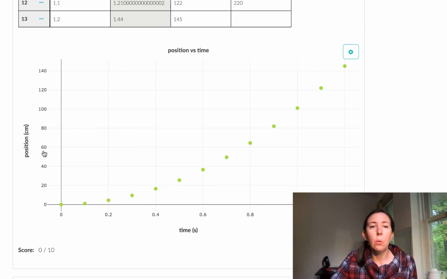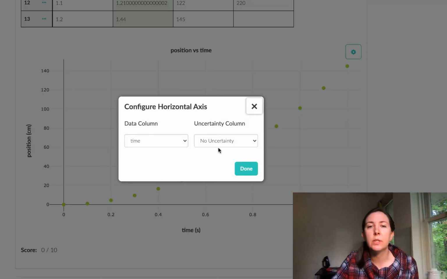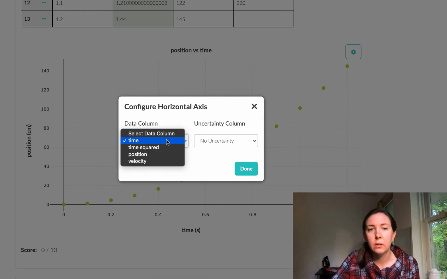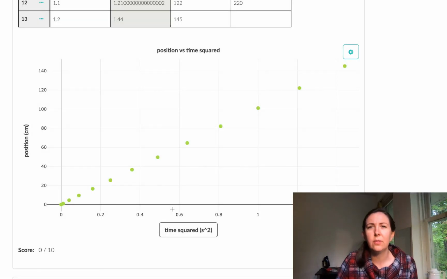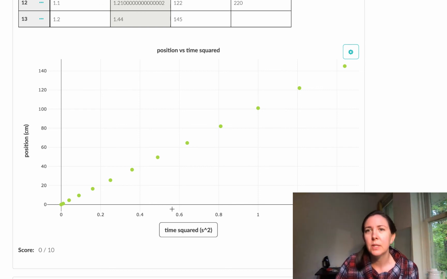All right, what happens when we graph position versus time? It's curved. If we graph position versus time squared, this graph is linear. So the position goes as time squared, which is sort of wild to think about.